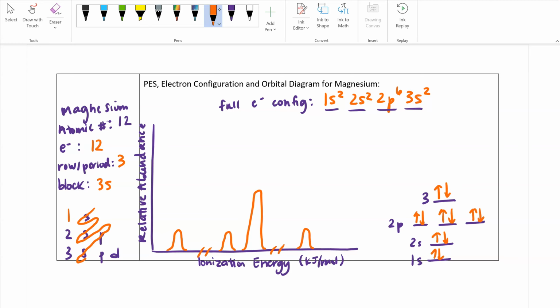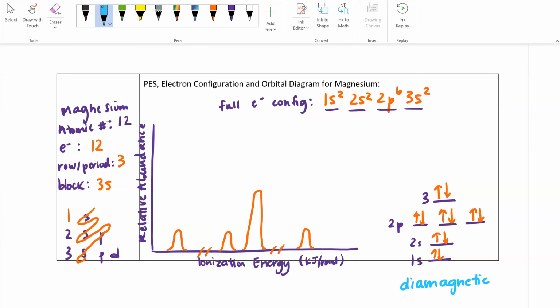And then the very last thing we're going to decide is whether magnesium and vanadium are paramagnetic or diamagnetic. So if all of your electrons are paired, that's a diamagnetic atom. So magnesium would not interact with a magnetic field.